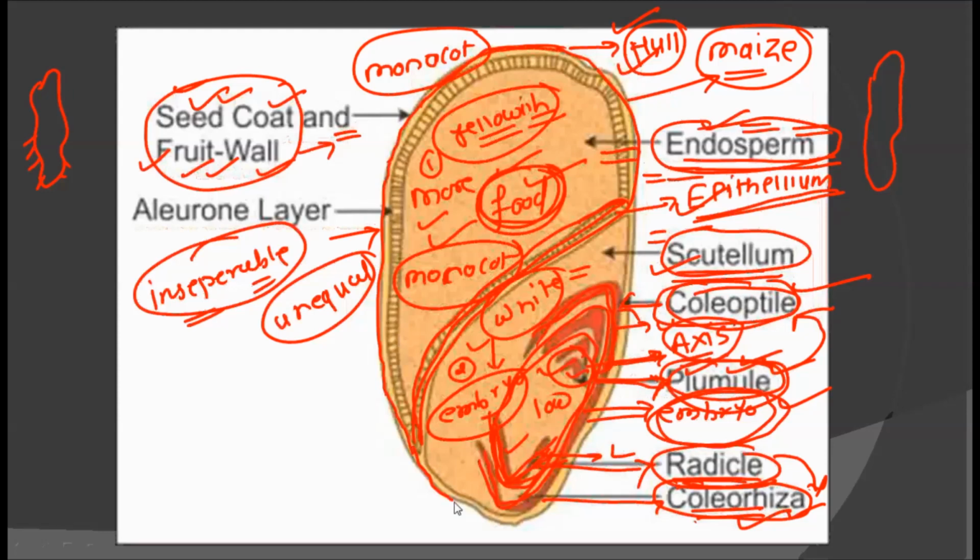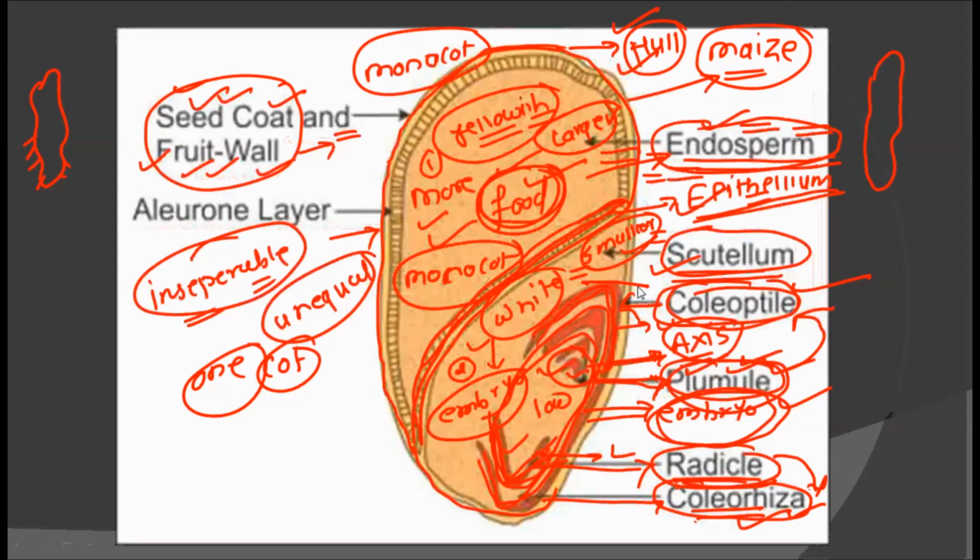While drawing the diagram for a monocot seed, the first thing you should remember is that you have to draw only one cotyledon. That is, only one cotyledon is present in a monocot seed, and that cotyledon is divided by the epithelium layer into two unequal portions, showing the upper portion larger and the lower portion smaller. As you know, the upper portion is the endosperm and the lower portion is the embryo.